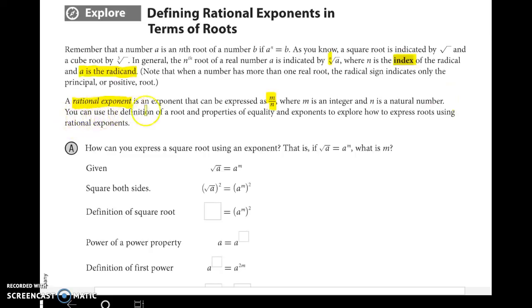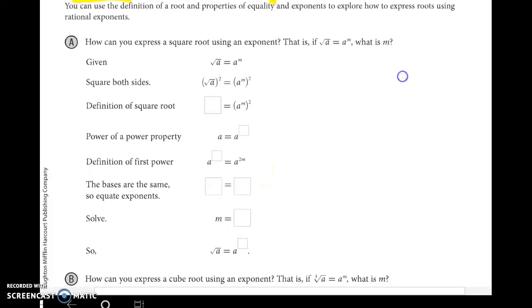You can use the definition of root and properties of equality and exponents to explore how to express roots using radical exponents. So what they're basically saying is that you can express radicals as rational exponents. And so we're going to see that here in example A.